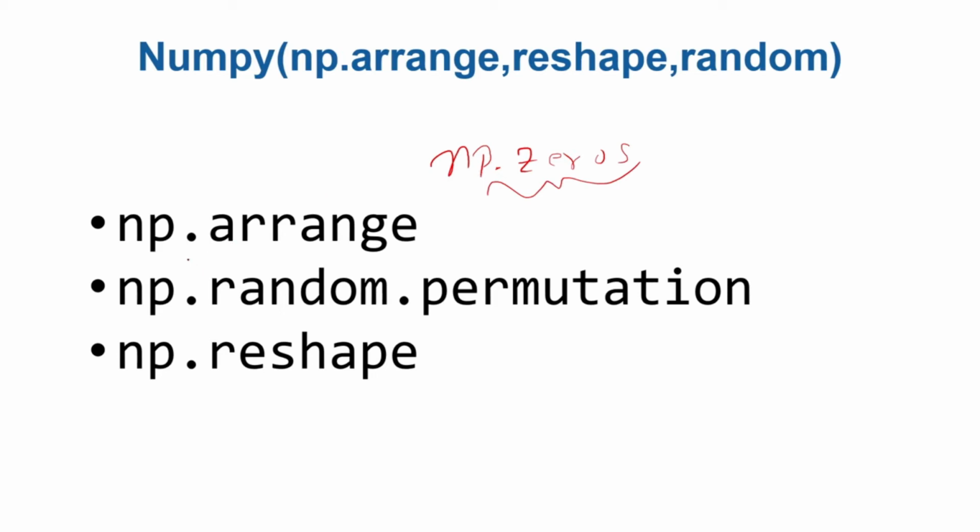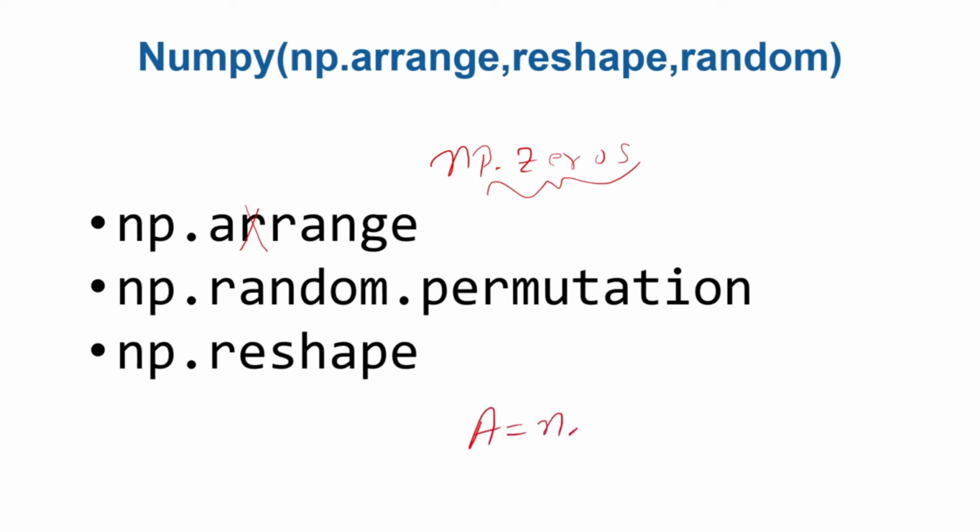There are some functions that are used a lot, and I want to discuss those. One function is np.arange. Actually, this is a single R, not two R's. The np.arange function creates an array.